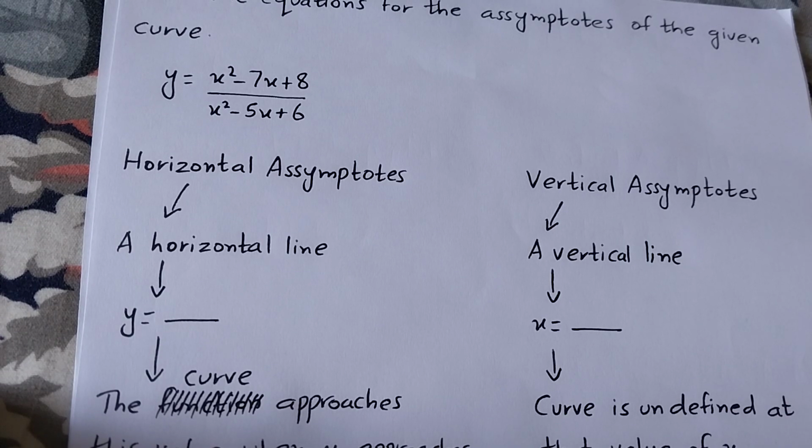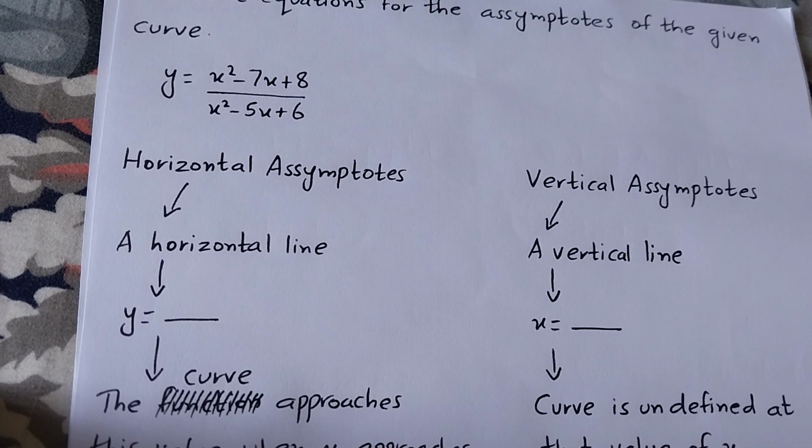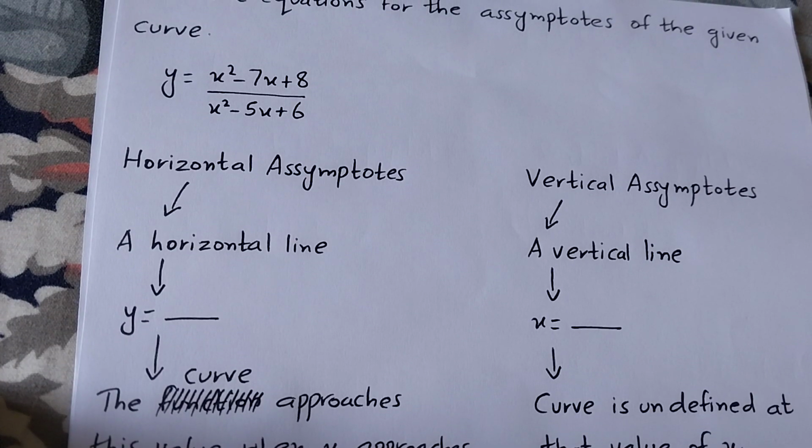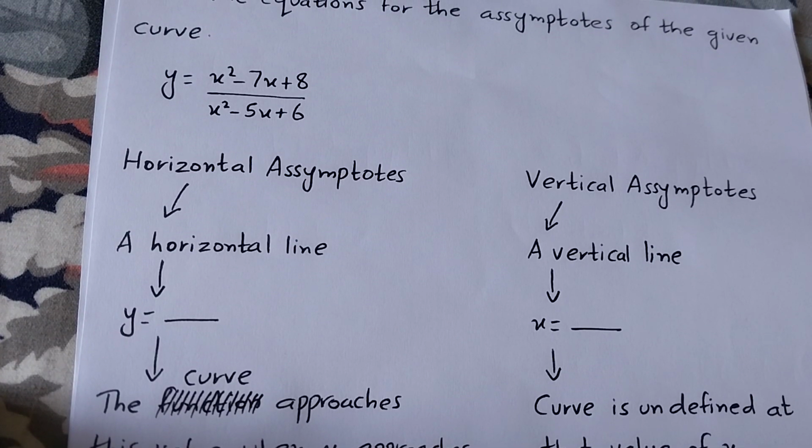For a very small number, or we can say for a large negative number, it will be same. The value of y will be same, or the horizontal asymptote will be y equal to 1, because firstly the expression is same. When we put negative number in this expression, because it is getting squared, it will have same answer for this quadratic term x square in both numerator and denominator.